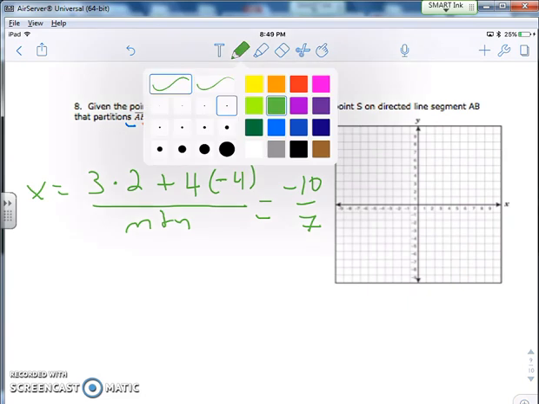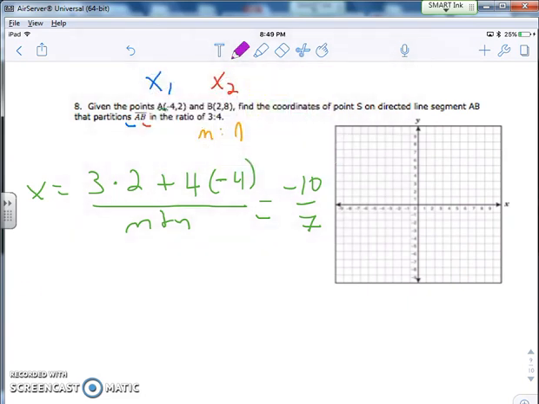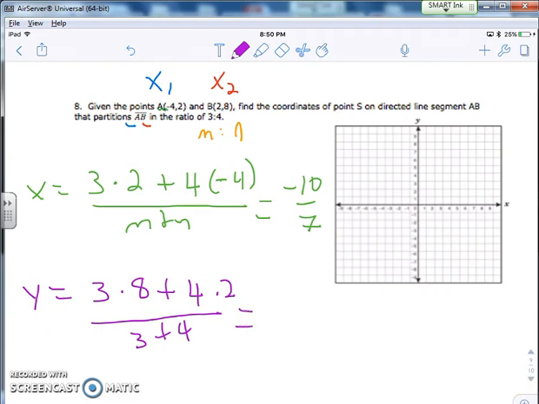And our y-coordinate, very similar, is m, which is 3, times y2, which is 8, plus n, which is 4, times y1, which is 2, all over m plus n, which is 3 plus 4. So 24 plus 8 should be 32 over 7.